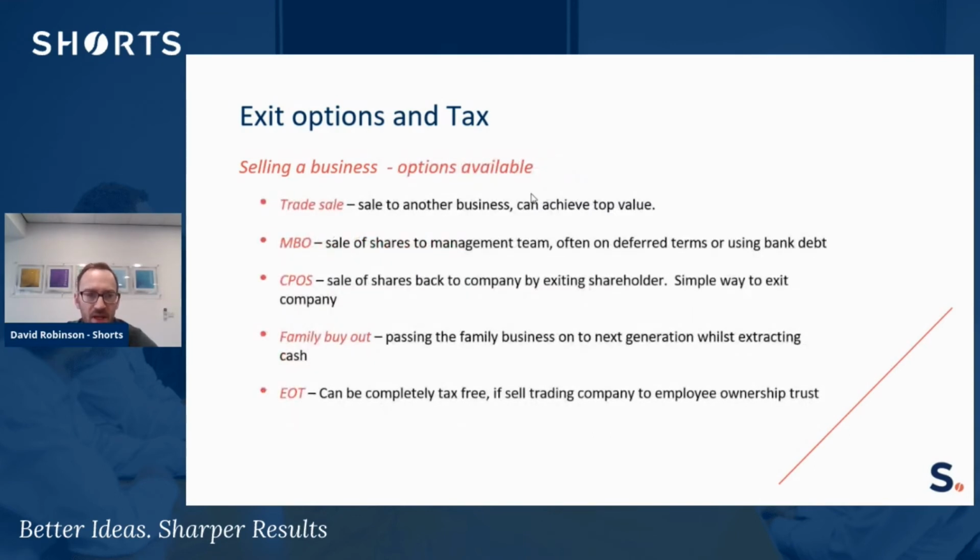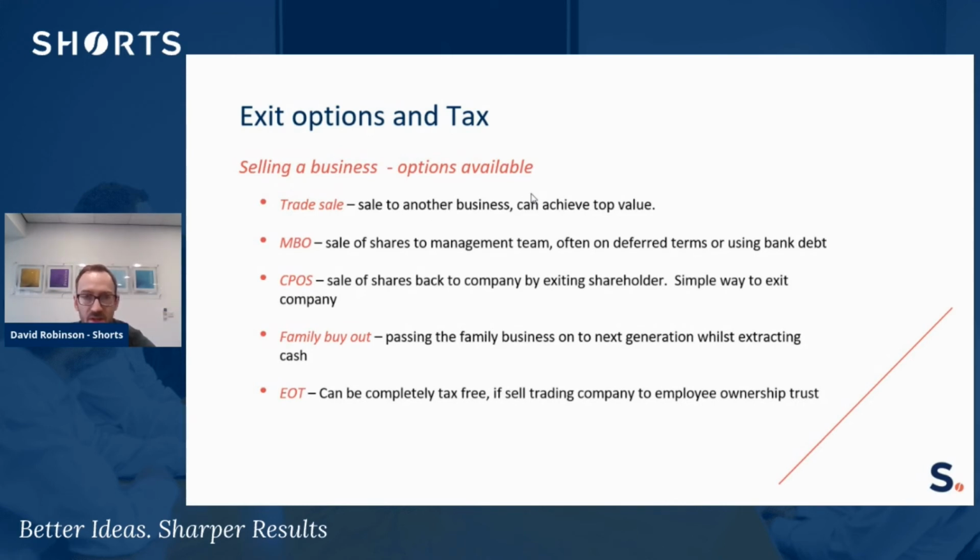Finally, from me, I just wanted to touch on a few different ways that you could exit your business, looking at shares in particular, and just looking at the tax aspects in general. Most business owners have come across a trade sale or a management buyout. The first one is where you sell effectively to a third party, with a management buyout, obviously selling to your management team.